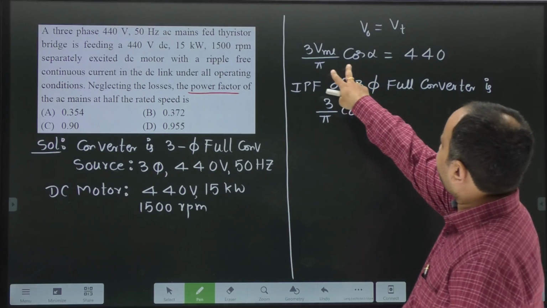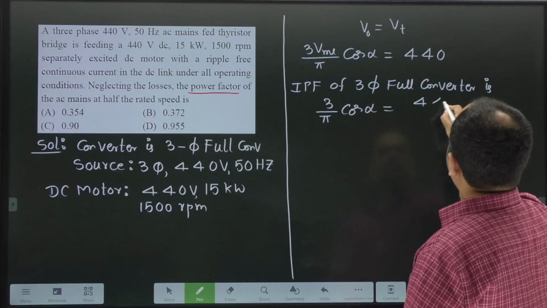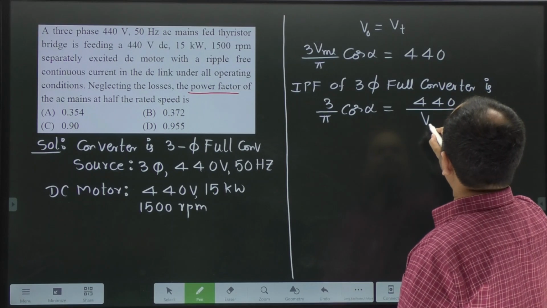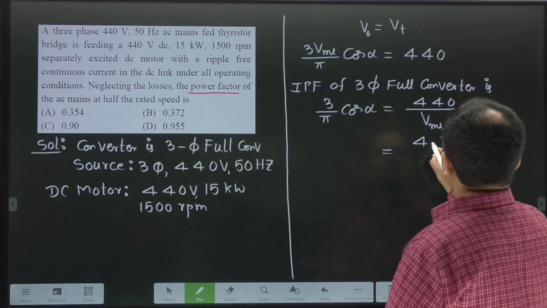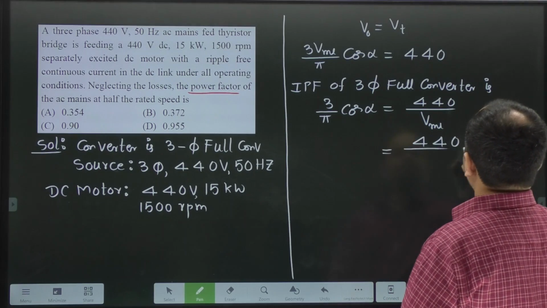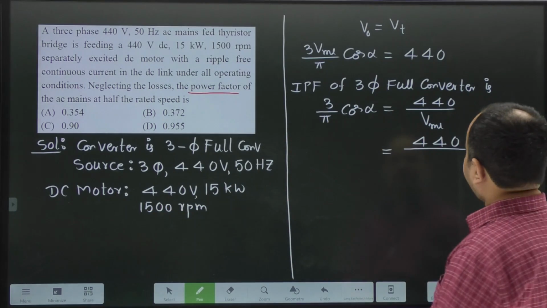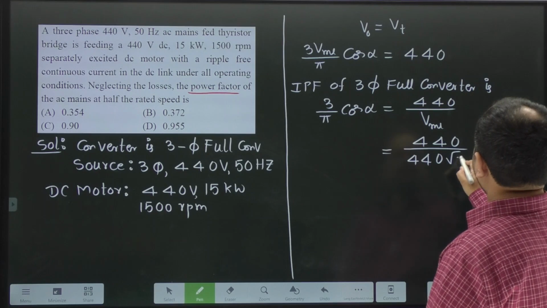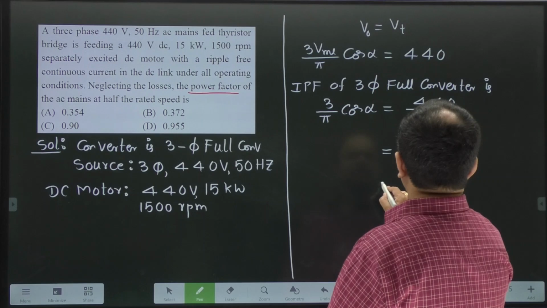So from this formula, if you extract 3 by pi cos alpha, what you will have? 440 divided by VML. So VML is the peak value of the AC source voltage, that is 440 into root 2.